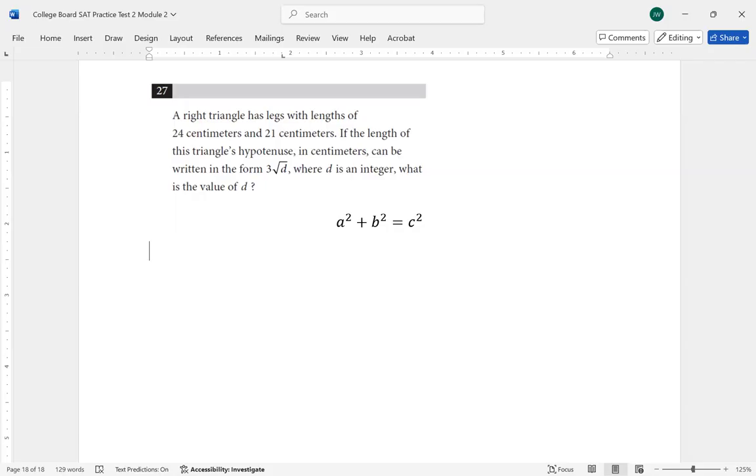In other words, a squared plus b squared is equal to c squared, where a and b are the lengths of the legs and c is the length of the hypotenuse. So we would take 24 squared plus 21 squared and set that equal to c squared. When I take 24 squared plus 21 squared, I get 1017.